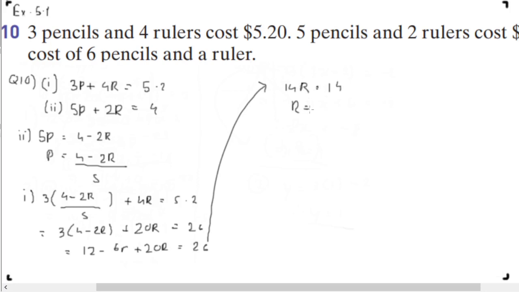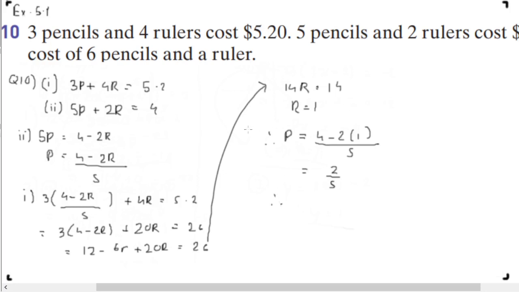So r is equal to 1, right? Now we have the r value, but we have to find the p value. So p is equal to 4 minus 2 times 1, over 5, which is equal to 2 over 5.